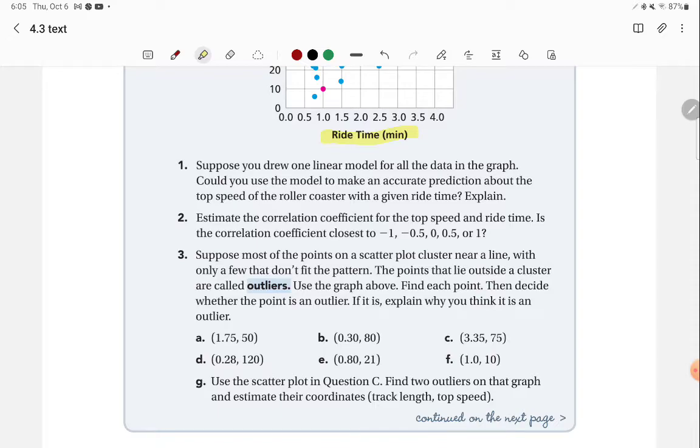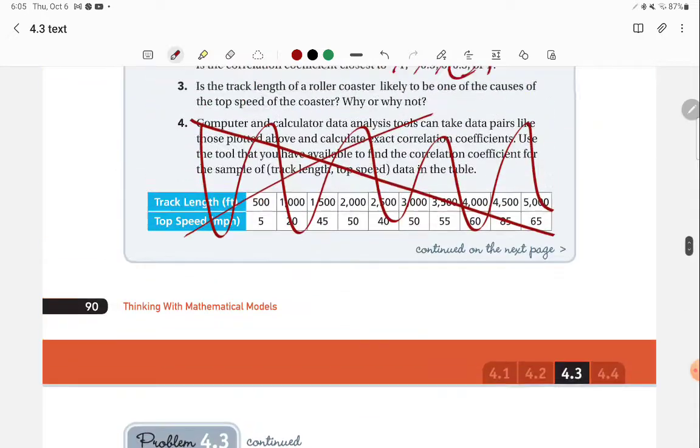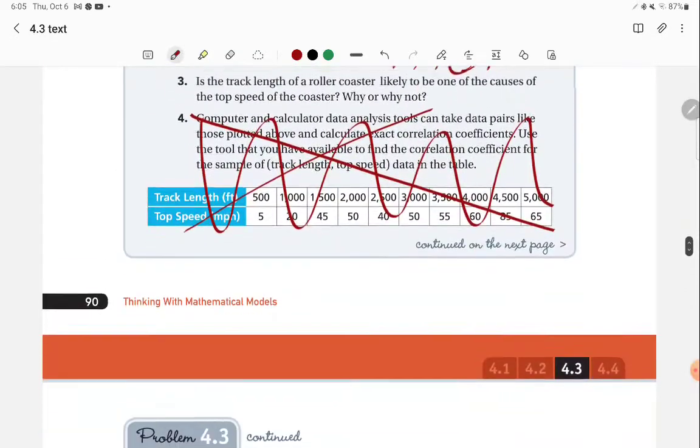Okay, on number 1, it says, suppose you drew a linear model for all the data in the graph. Could you use the model to make an accurate prediction about the top speed? Now, these points are even less tightly clustered or correlated than the ones before. If we drew a line through the middle, you notice how they aren't as closely related as either of the ones that we've done previously.